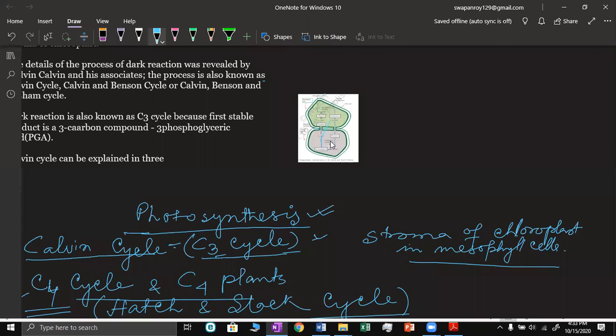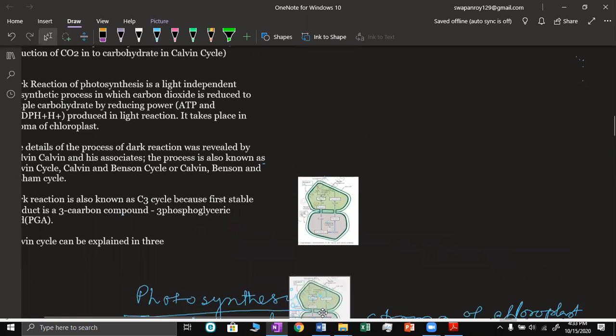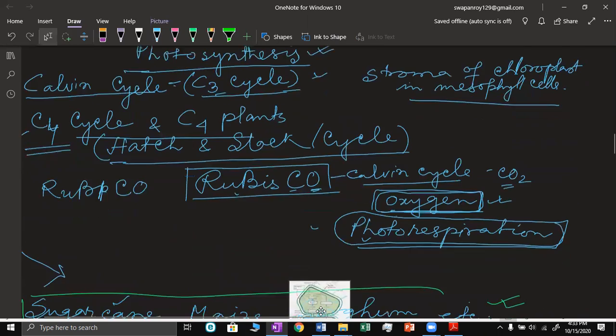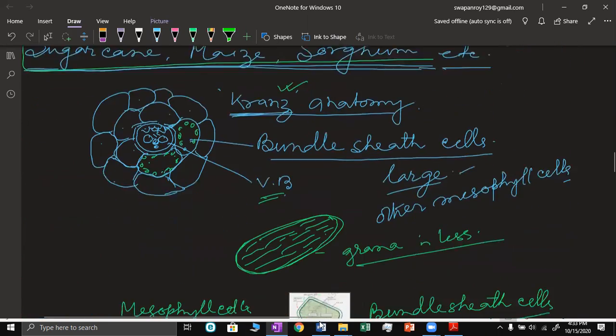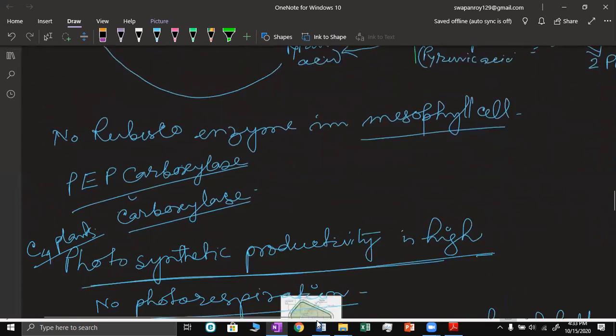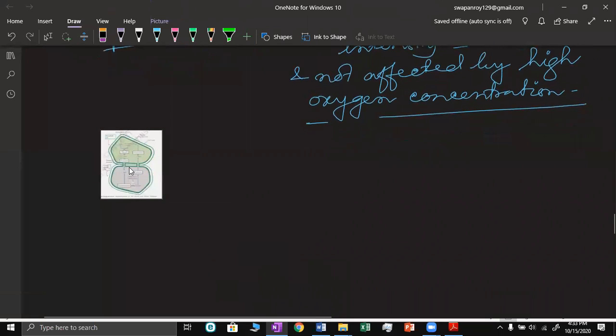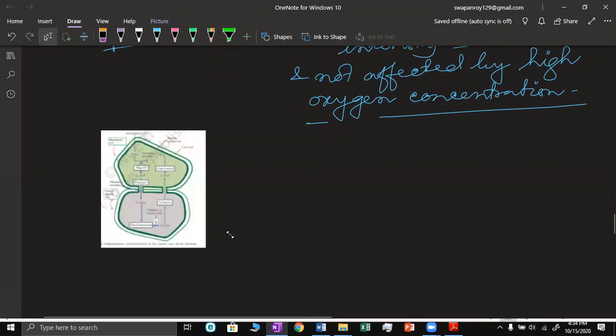Okay, this is, I will show you this diagrammatic representation of the photorespiration entire process from this.